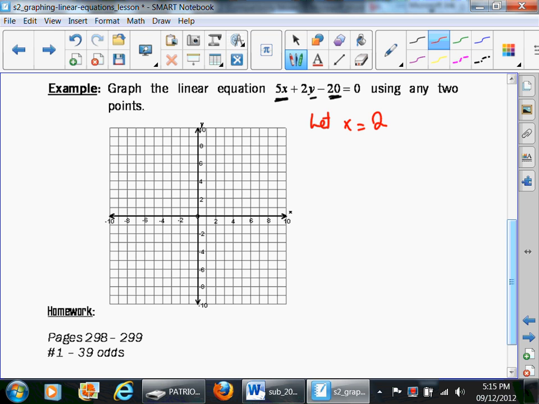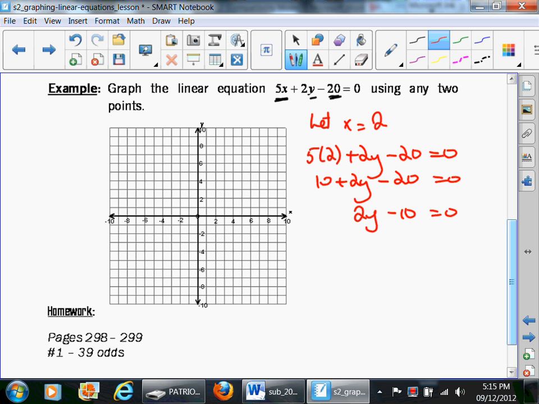So then, 5 times 2 plus 2y minus 20 equals 0. 10 plus 2y minus 20 equals 0. 2y minus 10 equals 0. 2y equals 10. y equals 5. So we get the point 2, 5. X coordinate 2, y coordinate 5.